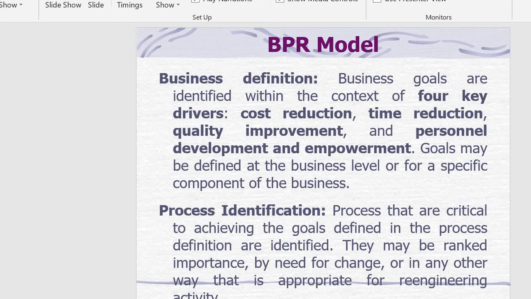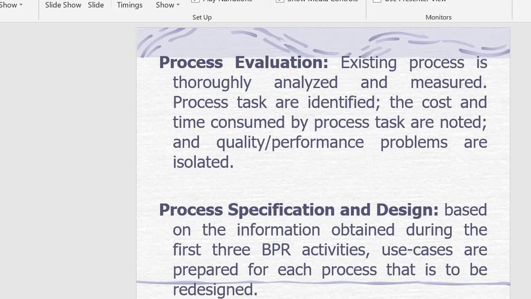Now if you look at the process identification, the processes that are critical to achieving the goals defined in the business definition are identified. They can be ranked by importance, by need for change, or in any other way that is appropriate for the re-engineering activity.